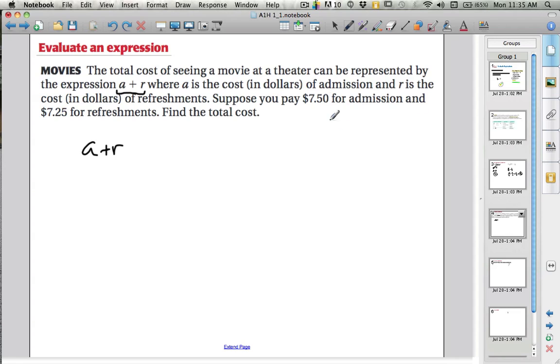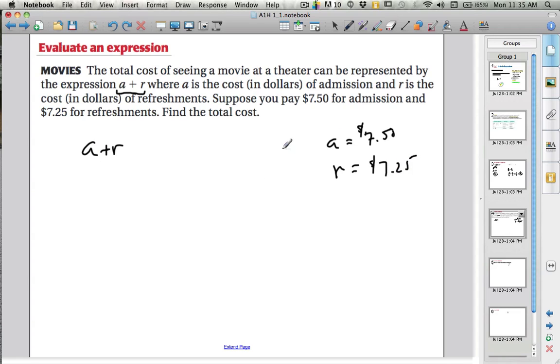So if I pay $7.50 for admission, that means the value for A is going to be $7.50. And $7.25 for refreshments, that means the value of R is going to be $7.25.